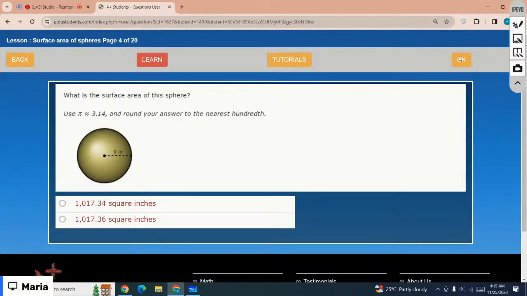Okay, the next one is, what is the surface area of the sphere? So, which is the correct option? Use the formula, that is 4 pi r square. So, which is the correct option?